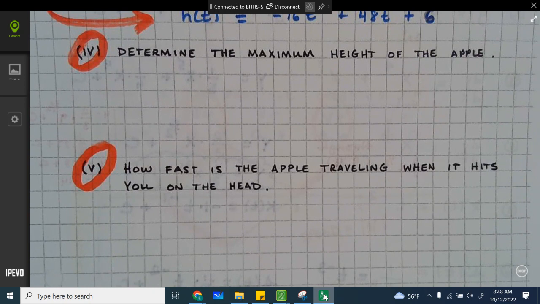T is equal to 3. That's 1.5. What did you say? Plug 1.5 in for T. Probably something. T is 3.